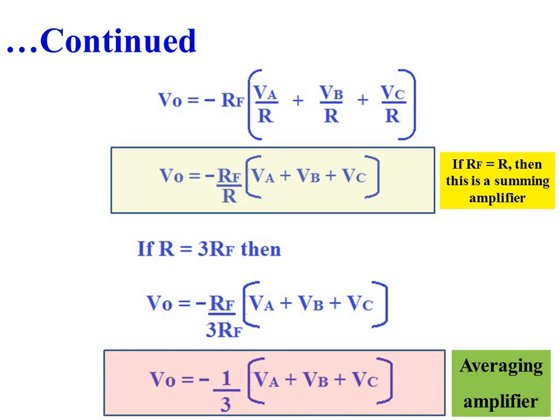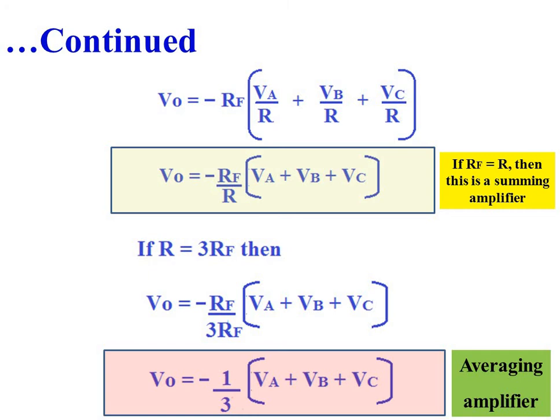If R is equal to 3Rf, then we can rewrite the equation for output voltage V0 as V0 is equal to minus Rf divided by 3Rf into (VA plus VB plus VC). That means output voltage V0 is equal to minus 1 by 3 into (VA plus VB plus VC).